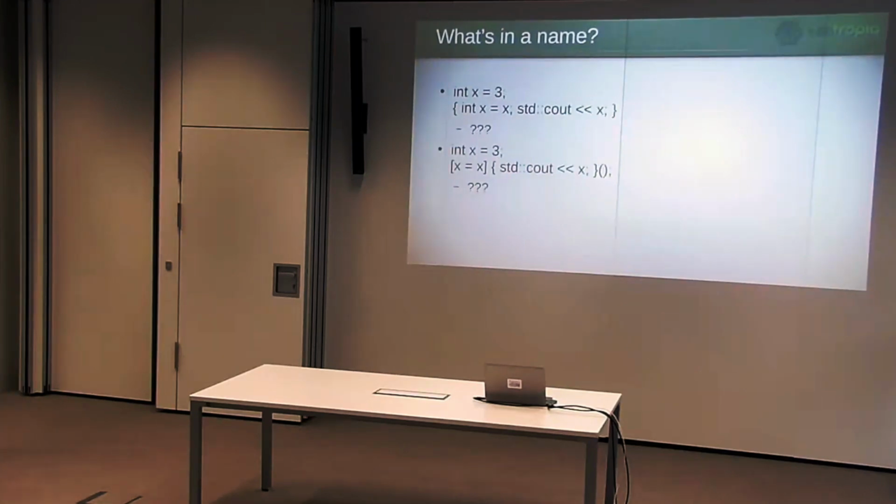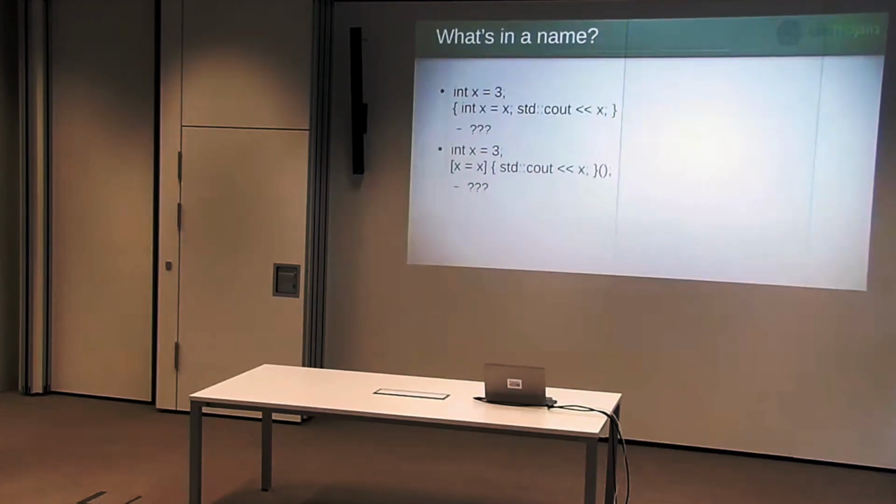So what's the value that gets printed in that case? 3, maybe, who knows? In the lower case, we have a lambda with a capture, and that capture takes an x, and then captures that x and prints that x. So what does that print?